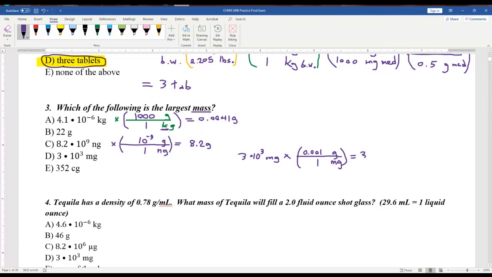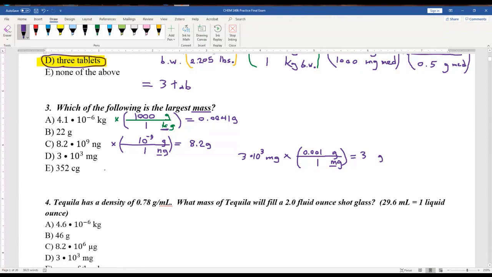But my personal preference is to always put the 1 in front of the prefix unit to emphasize that each prefix has a very specific meaning. Kilo means 1,000, nano means 10 to the negative 9th, milli means 1/1000th, or 10 to the negative 3rd. Okay, this is not milligrams, my apologies, so it's going to be 3 grams then. There we go, 3 grams.